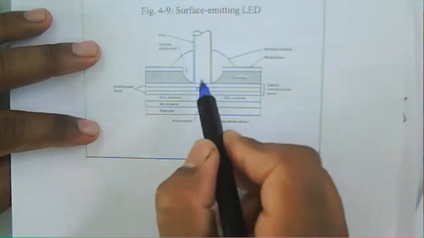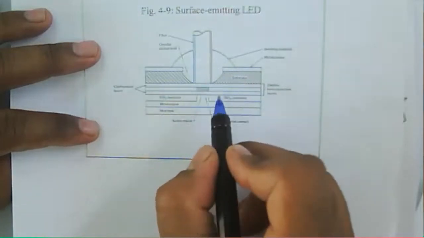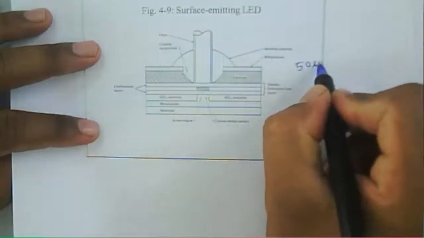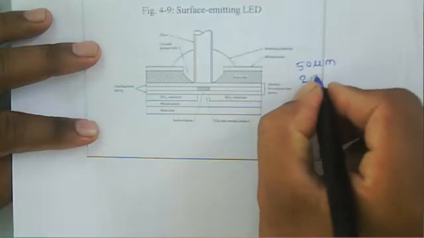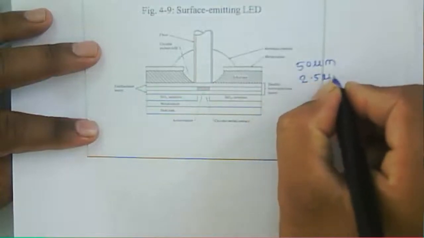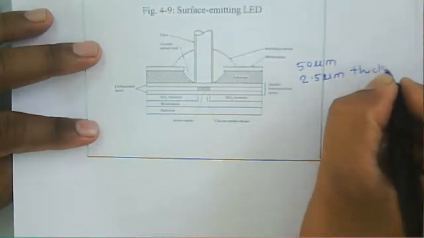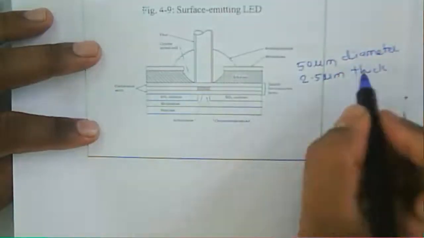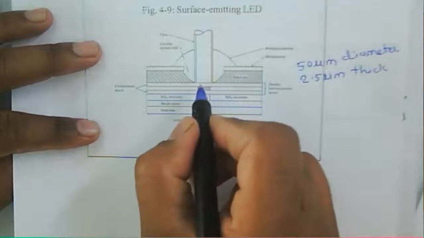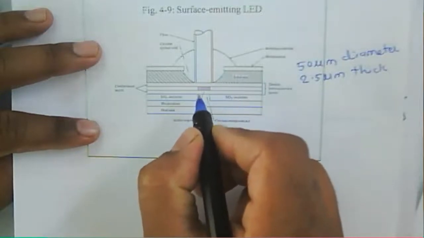That circular active area has a diameter of 50 micrometer and a 2.5 micrometer thickness. Just remember the diameter of this particular circular area.